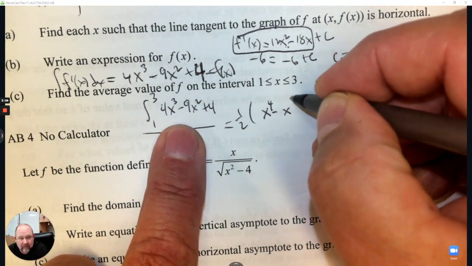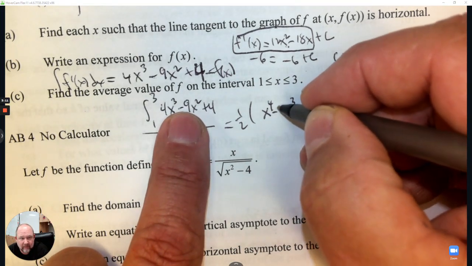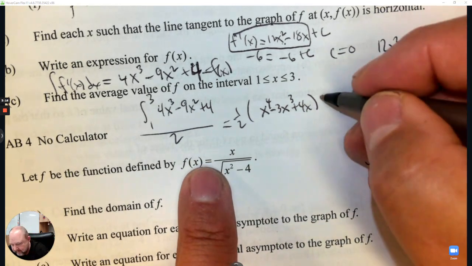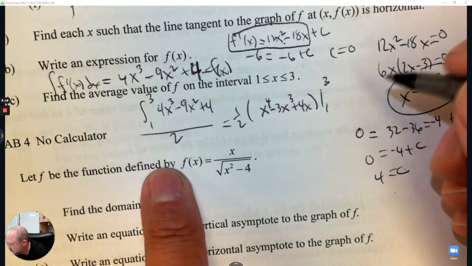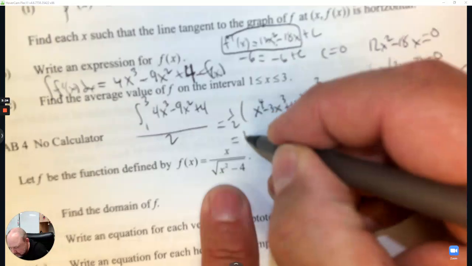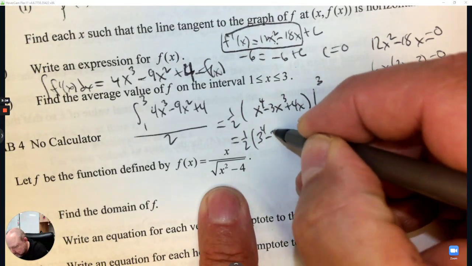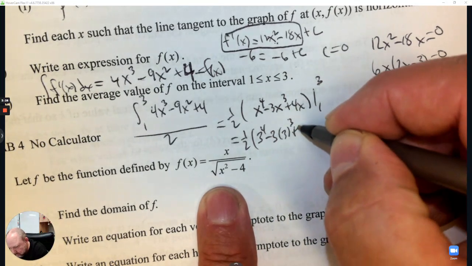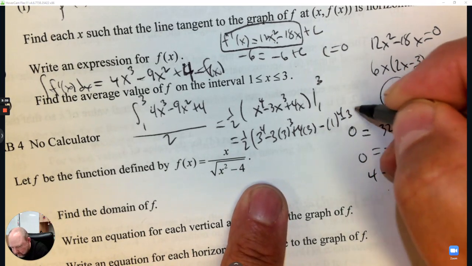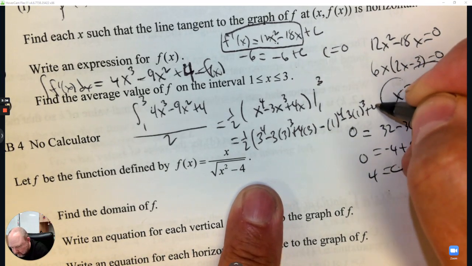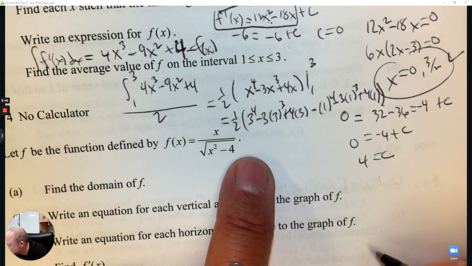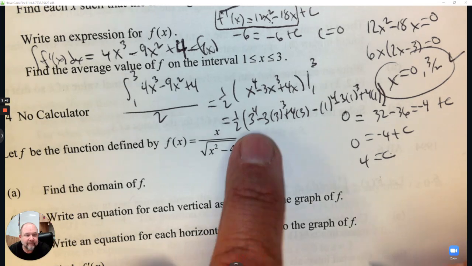We're going to add 1 to the exponent. 9 divided by 3 is 3. And then 4x. And that's from 1 to 3. And then we're going to plug in 3 and plug in 1. And you have your answer. You don't have to simplify it. So there it is.